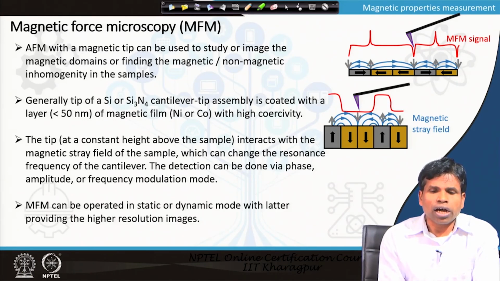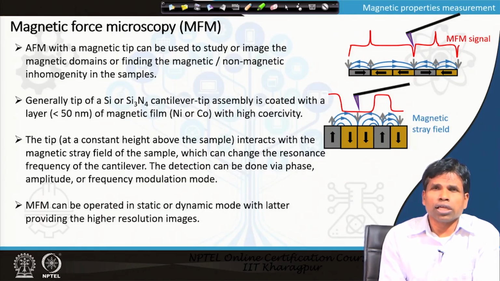So, here AFM with a magnetic tip is used to image the magnetic domains or magnetic components of the sample. Generally, a magnetic film such as nickel, cobalt or iron, or some other materials like nickel iron alloy or nickel cobalt alloy, these kinds of magnetic materials with high coercivity are coated on an AFM tip.